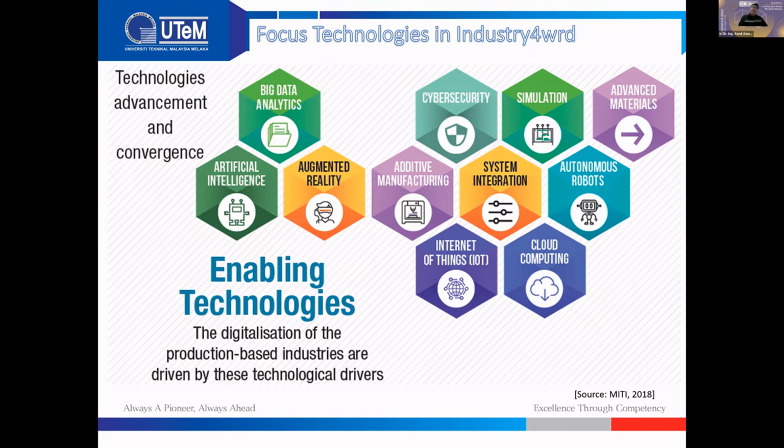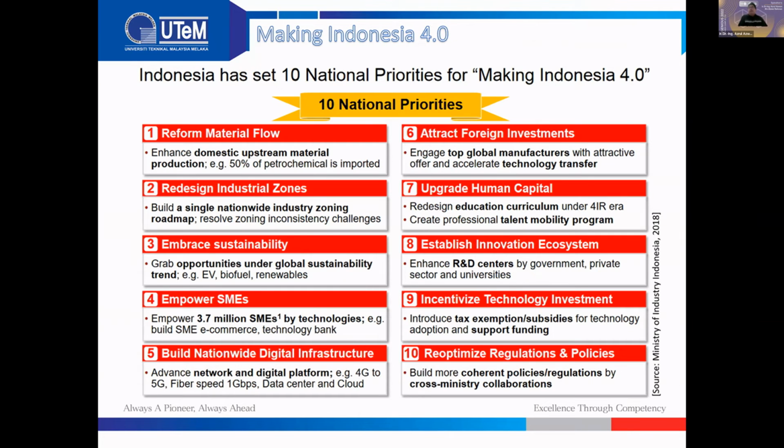This area is focused on what is called by the Malaysian policy, the Malaysian MITI, the Ministry of International Trade and Industry. So they are focusing on this, and most of the research is also focusing on this area.